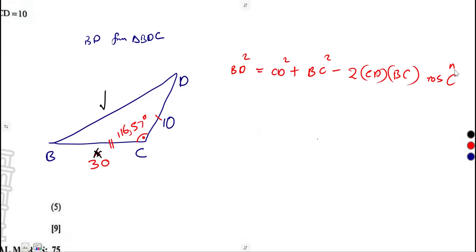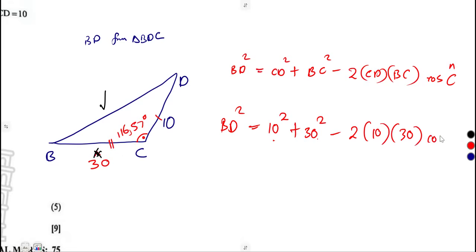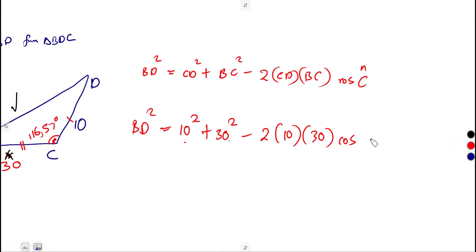That's cos of angle C. So let's substitute. CD is 10, so that's 10 squared, plus BC squared, that's 30 squared, minus 2 times the product of 10 and 30, and the cos of the included angle, 116.57 degrees.